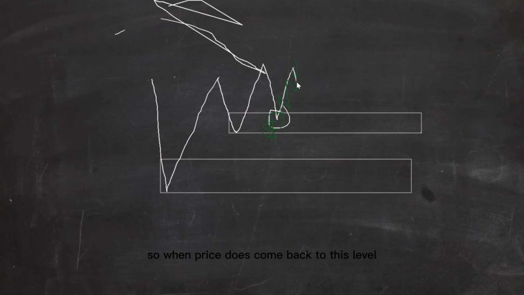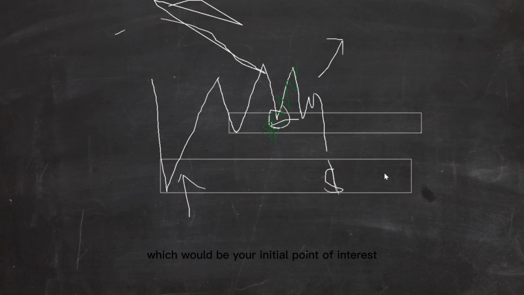So when price does come back to this level, there are not enough orders to sustain another major push for price to go up. So price will, by design, go to the next level where there is liquidity, which would be your initial point of interest for price to react from.